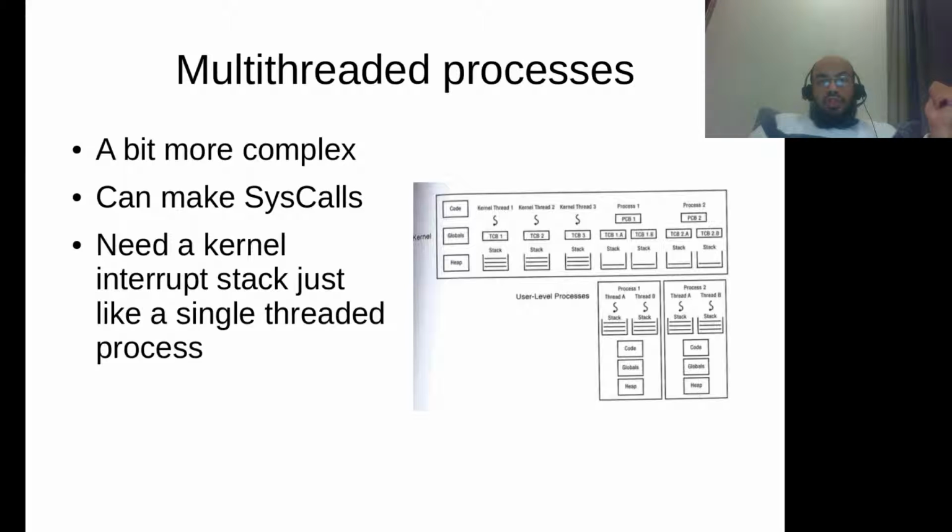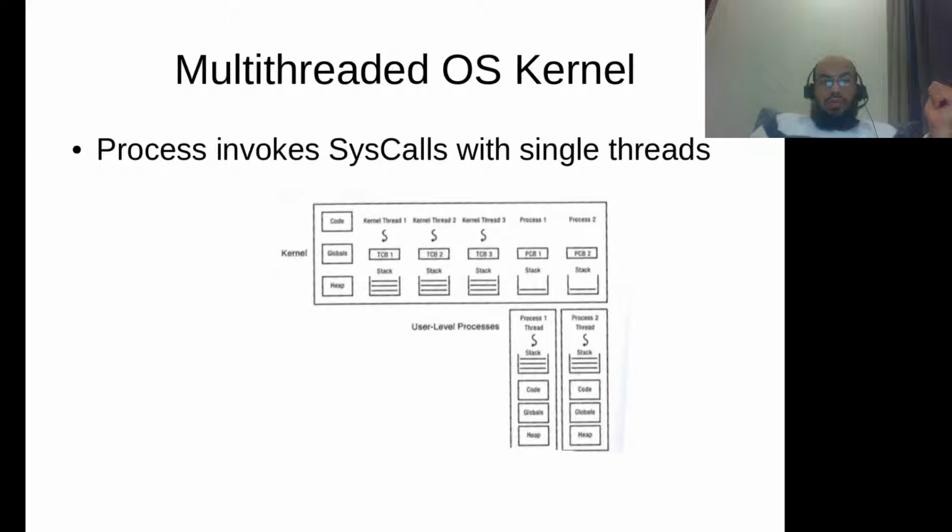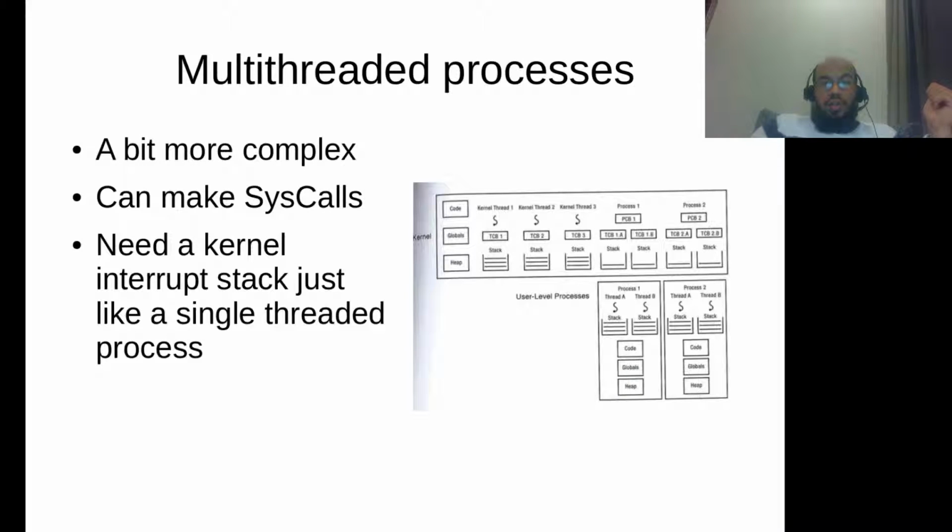Multi-threaded processes are a bit more complex because the previous one just had one single thread spawned. Now, if you have a multi-threaded process, then again you use system calls to start a couple or many threads as a user. And then the process control block and the thread control block for each of your threads are stored in the kernel space, as you see here.